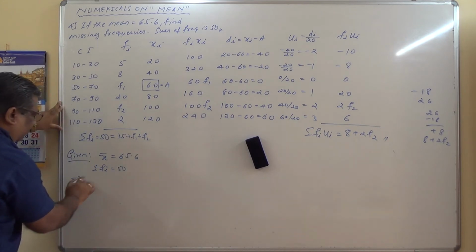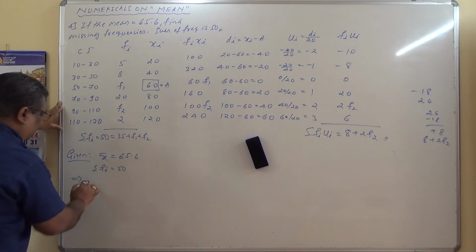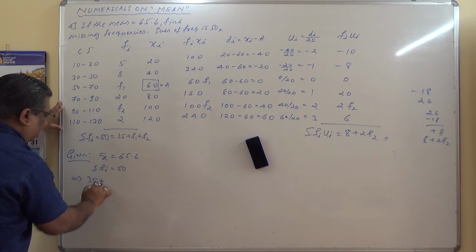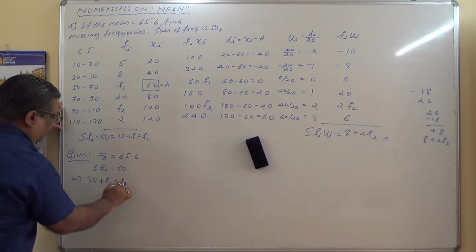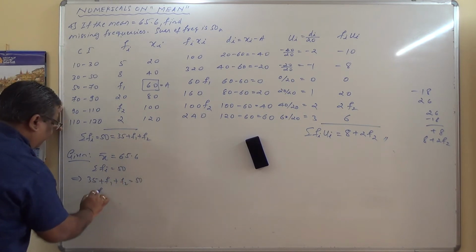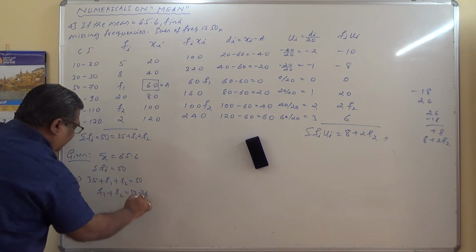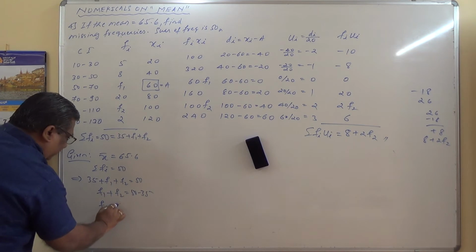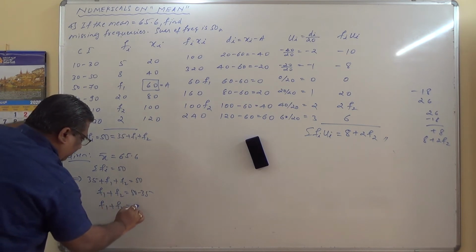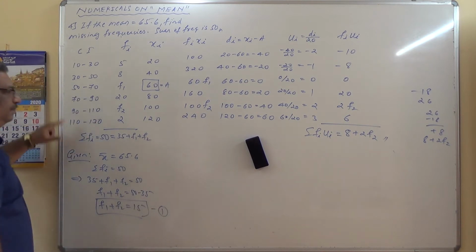So sigma fi is equal to 50. Therefore 35 plus f1 plus f2 equals 50. f1 plus f2 equals 50 minus 35. So f1 plus f2 is equal to 15. I got first equation.